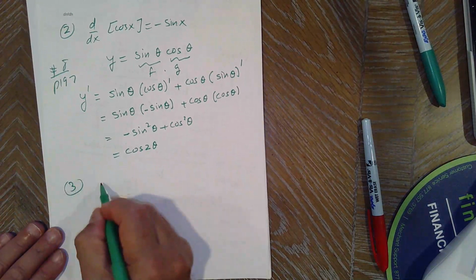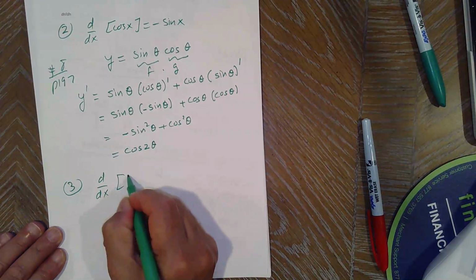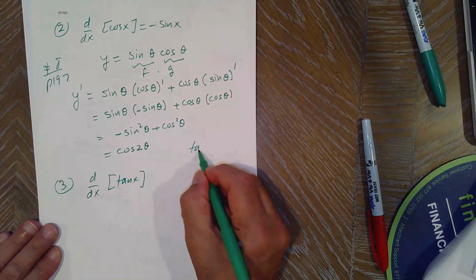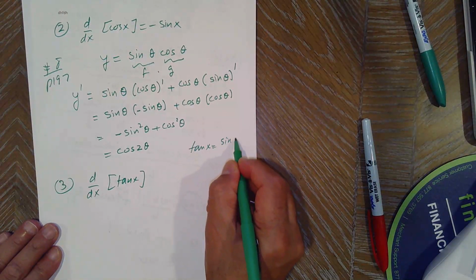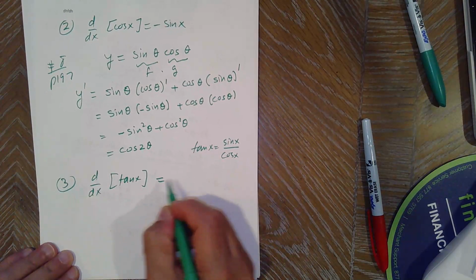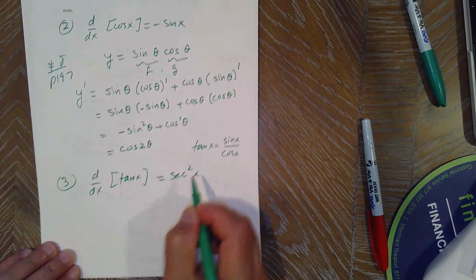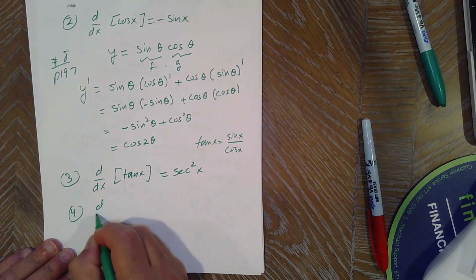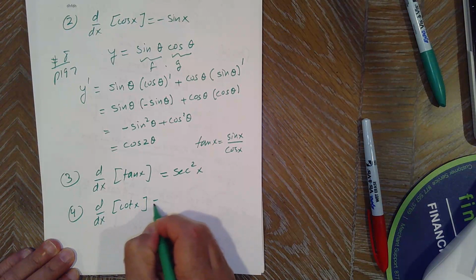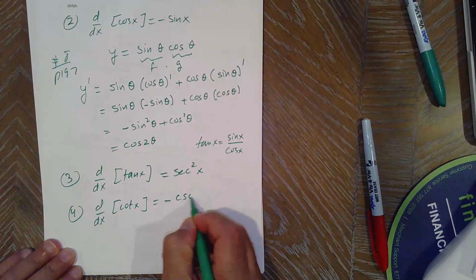And then the derivative of tangent. Again, this is easier to prove because tangent is sine over cosine. So to prove this, we use the quotient rule, okay? And it's going to give us secant squared x. Derivative of cotangent, again we do the quotient rule because cotangent is cosine over sine, which would give negative cosecant squared x.